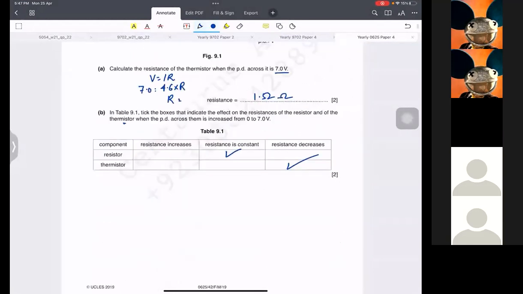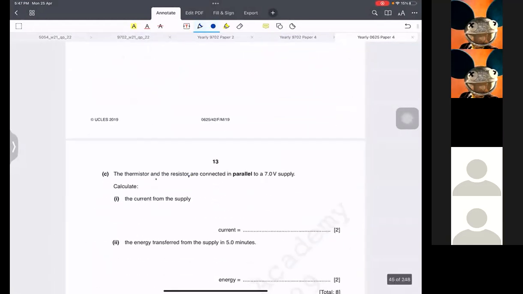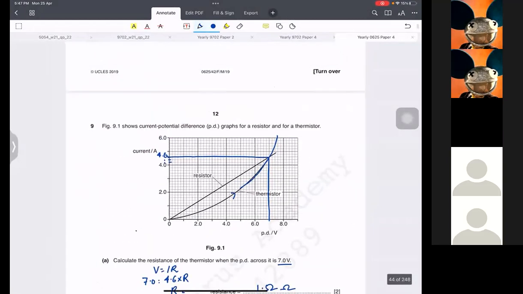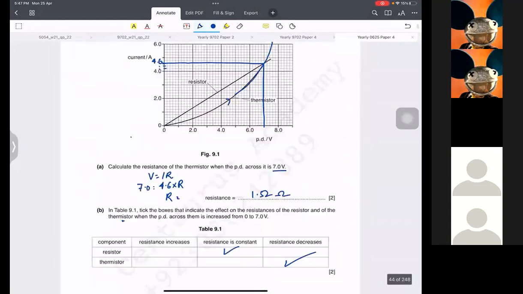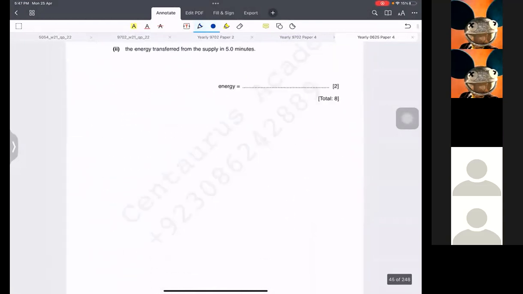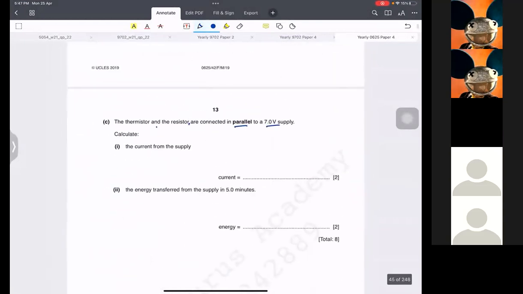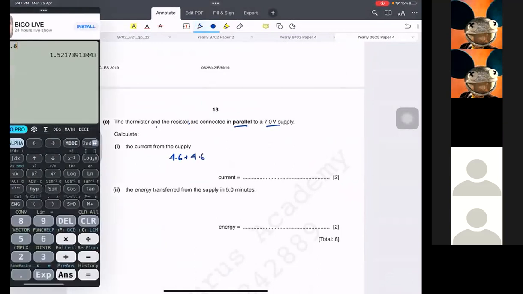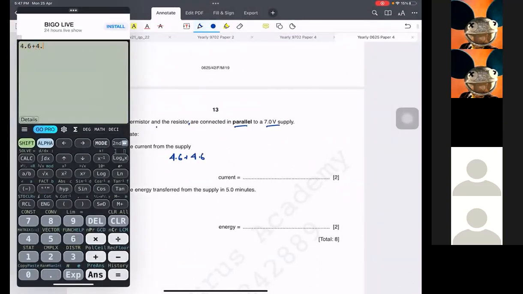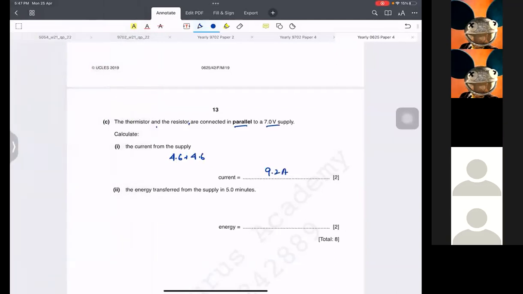Okay. Now, it says thermistor and resistor are connected parallel at 7. Calculate the current. So at 7, they both have the same current, 4.6. So basically, if they're parallel means that their current must be added together. That is 9.2 ampere. Then it says the energy transferred from the supply in 5 minutes. So power is equal to VI, energy is equal to VIt.